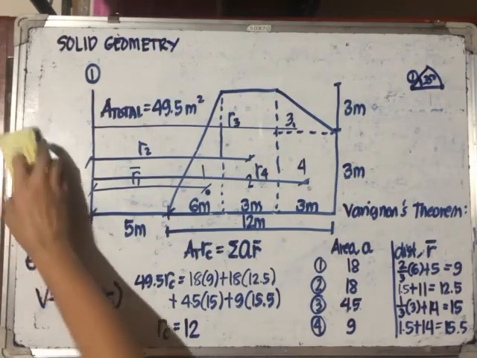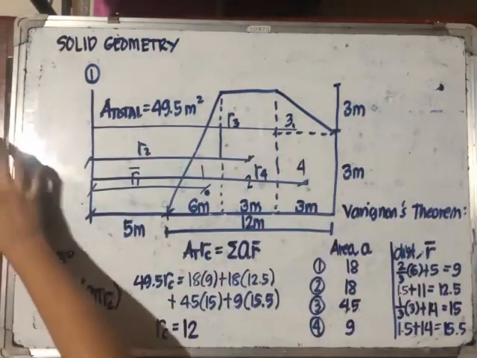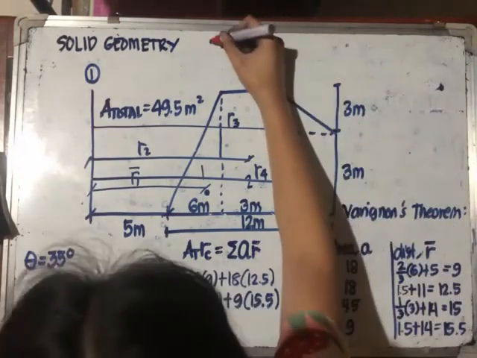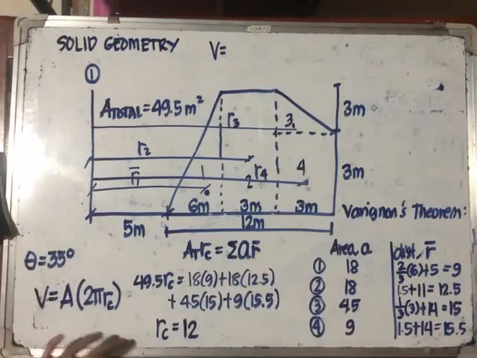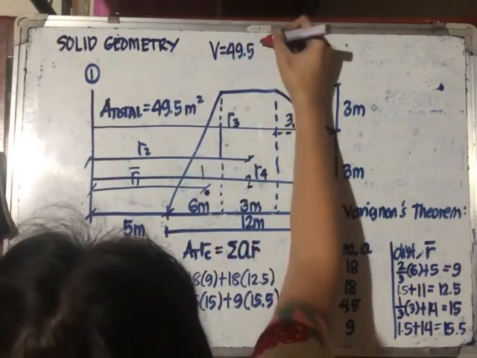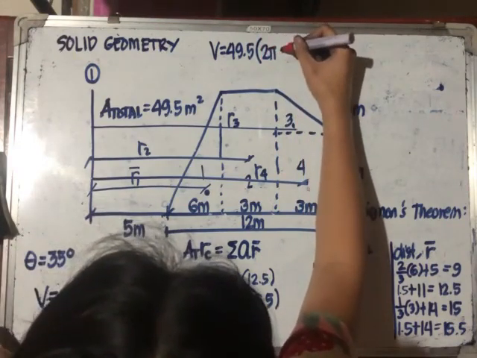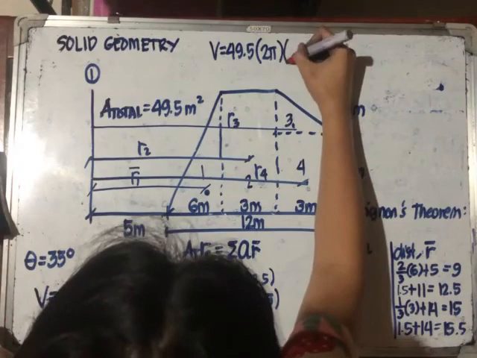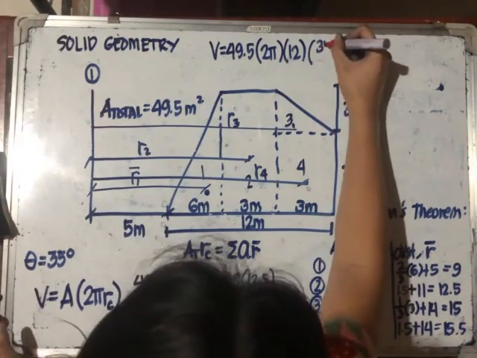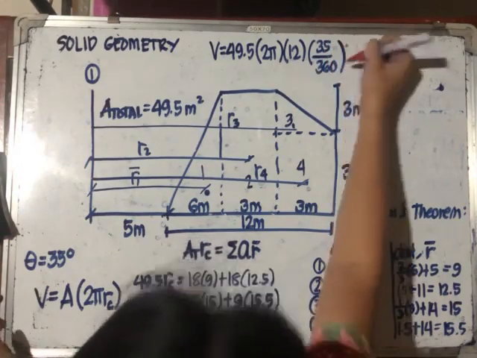Now, we can compute for our volume as our final answer. So, volume, sabi ni Papus ulit, is area total, which is 49.5 times your 2 pi R sub C is 12. And don't forget, i-rotate mo lang siya ng 35 degrees. So, that should be 35 over 360 degrees lang.